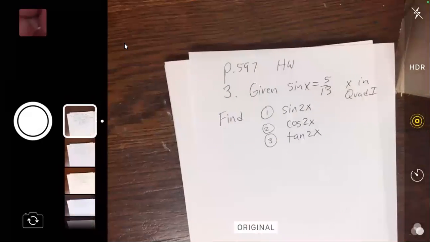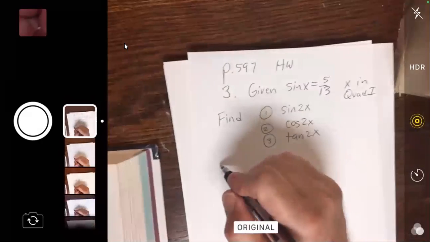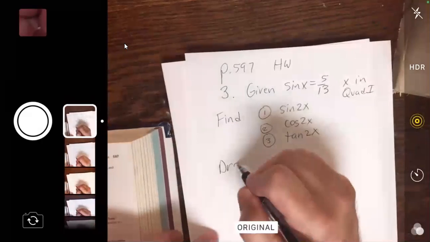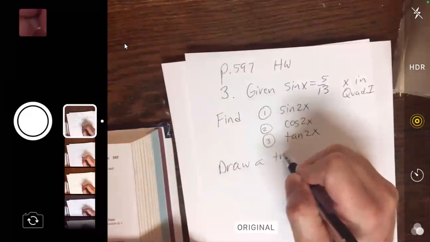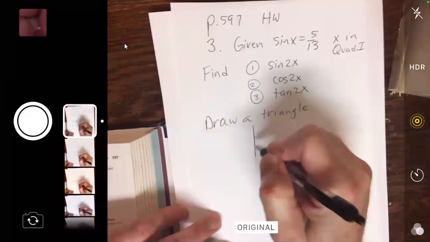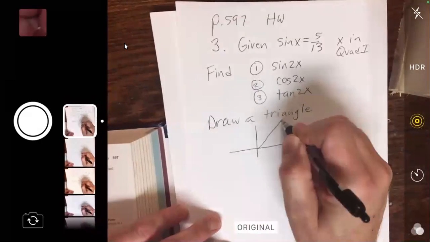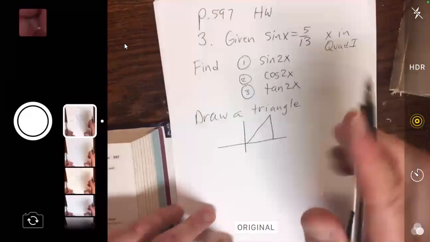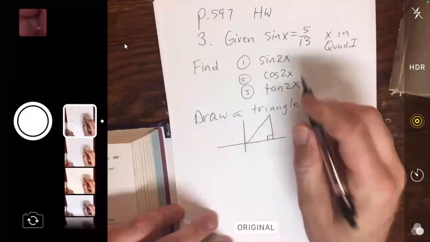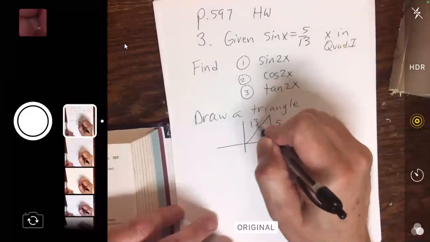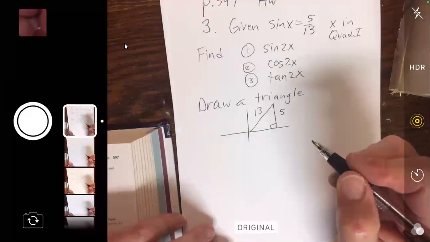Quadrant 1, find these 3 things. Okay. Draw a triangle. Quadrant 1, see, the different quadrants can give you different signs. All right, sine is opposite over hypotenuse. Are you good enough to figure out that this is 12?